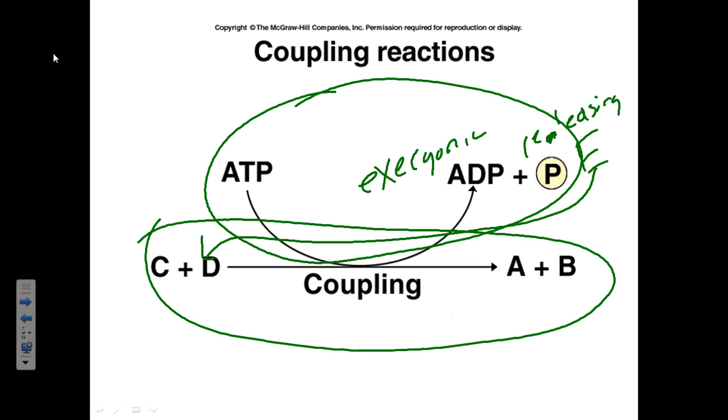This reaction is what kind of reaction? Endergonic. But that energy that this gave off is then used to take C and D and make them into A and B. These two reactions are coupled. The exergonic reaction provides the energy to make the endergonic reaction happen. They're like a pair of partners.